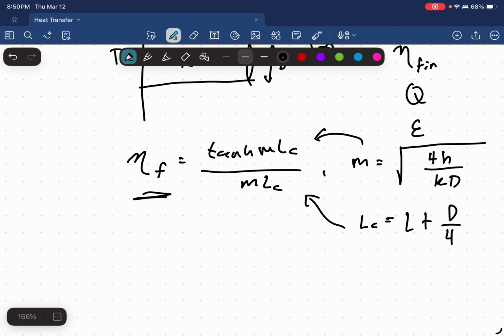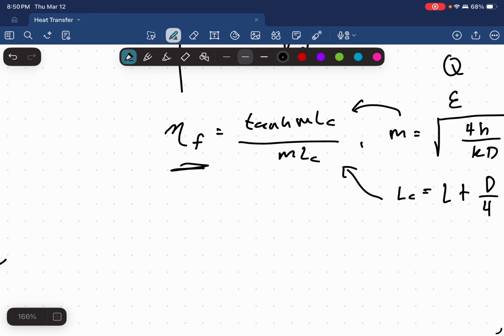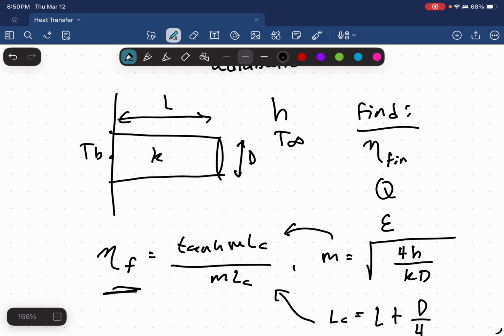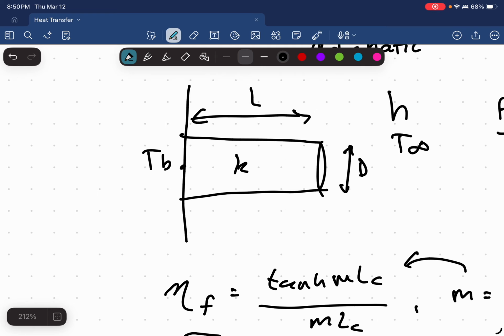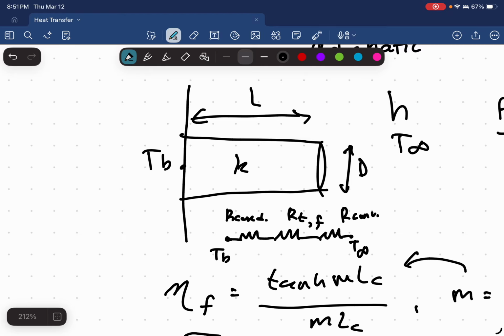Now for your heat rate, you're going to make a thermal resistance network. Starting from the base temperature, we have a thermal resistance of conduction, and then we have the thermal resistance of a fin, and then with the adiabatic assumption, the tip is going to be equivalent to that of the ambient temperature.